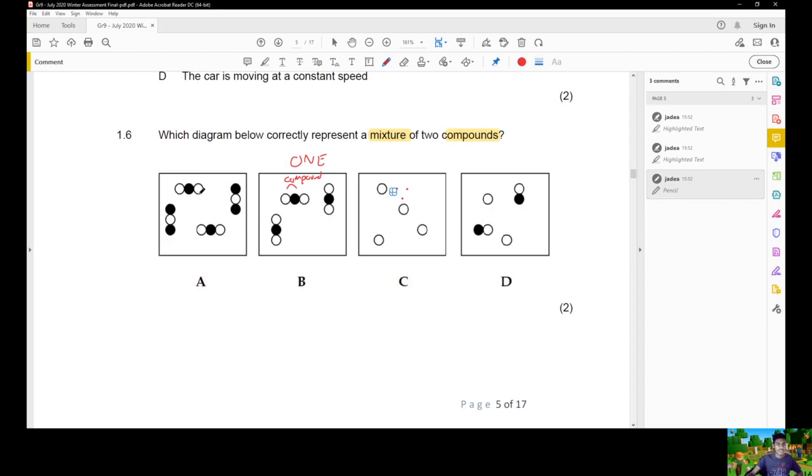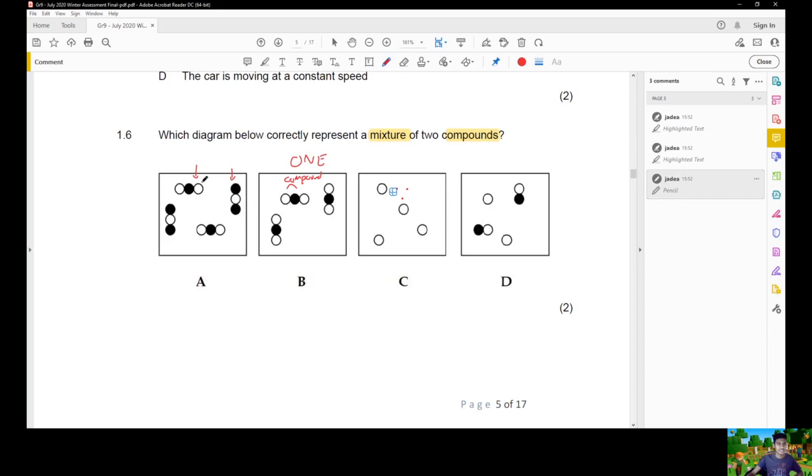If I have a look at picture A, it also looks a bit similar in that we have a compound here, we have a compound here, but if you look at them carefully, you'll see they are different compounds because they have different ratios. This molecule has two white atoms and a black atom, chemically bonded because they're touching. This molecule has two black atoms and one white atom.